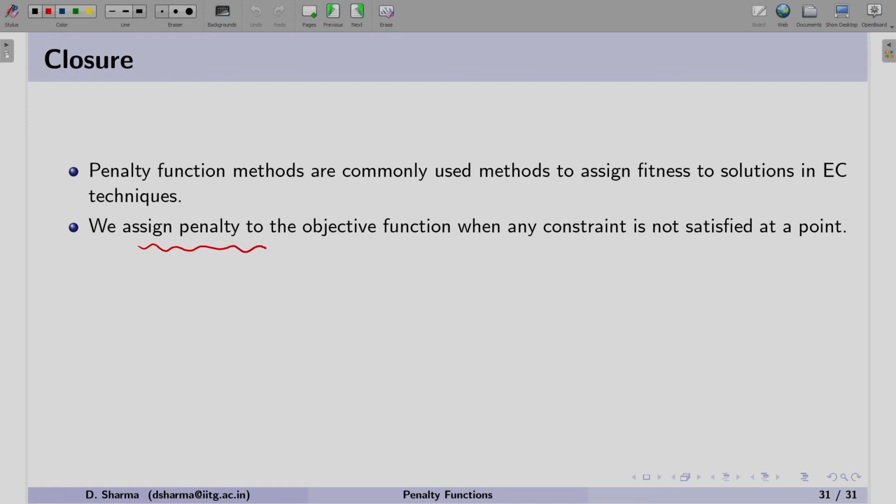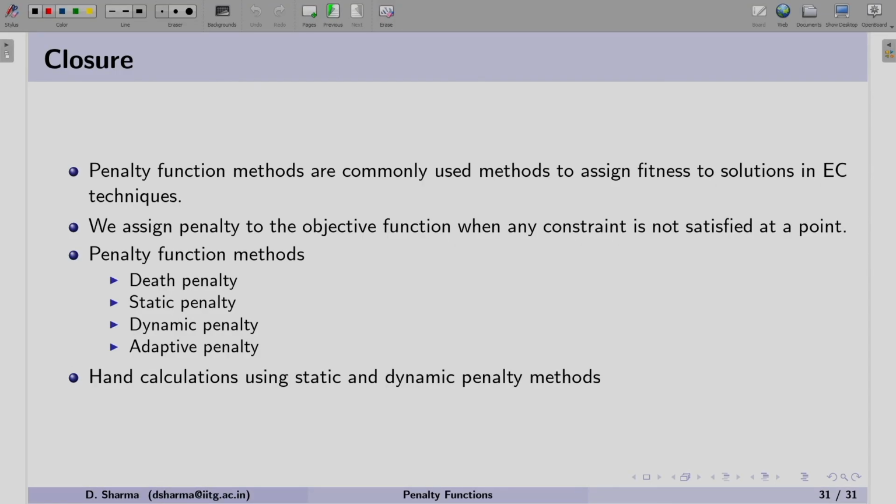In this particular method, we assign a penalty to the objective function when any constraint is not satisfied. In this class of penalty function methods, we have gone through various kinds, starting with the static and dynamic penalty, and then the adaptive penalty function methods. As you can see, all these penalty function methods work differently, and therefore the fitness value we get, especially for an infeasible solution, is different from each other.